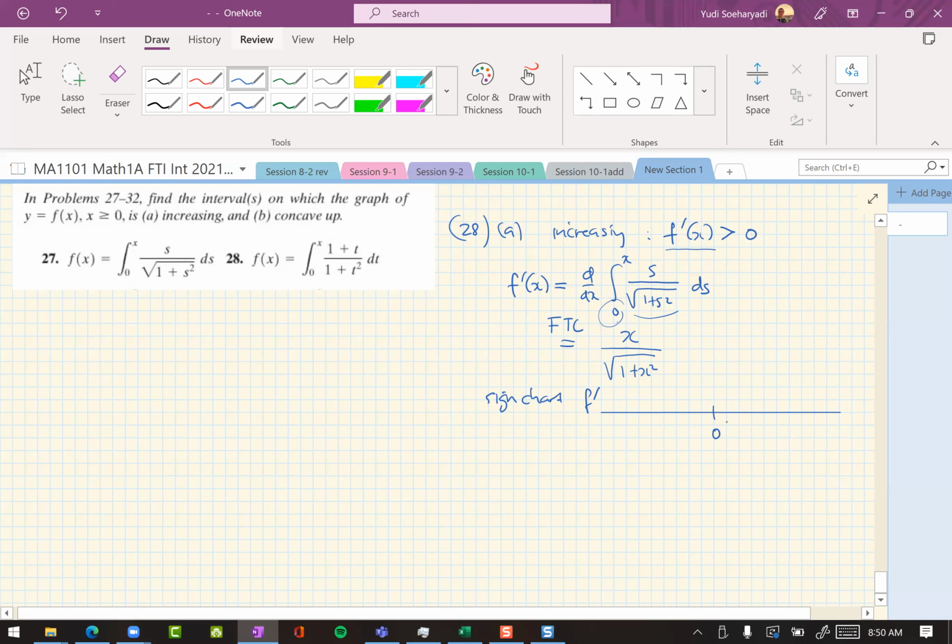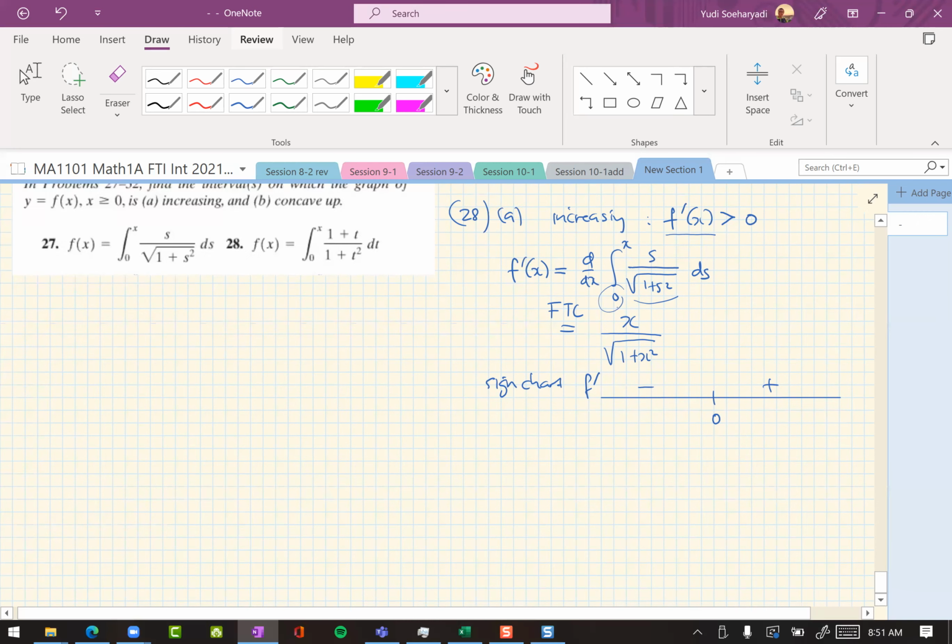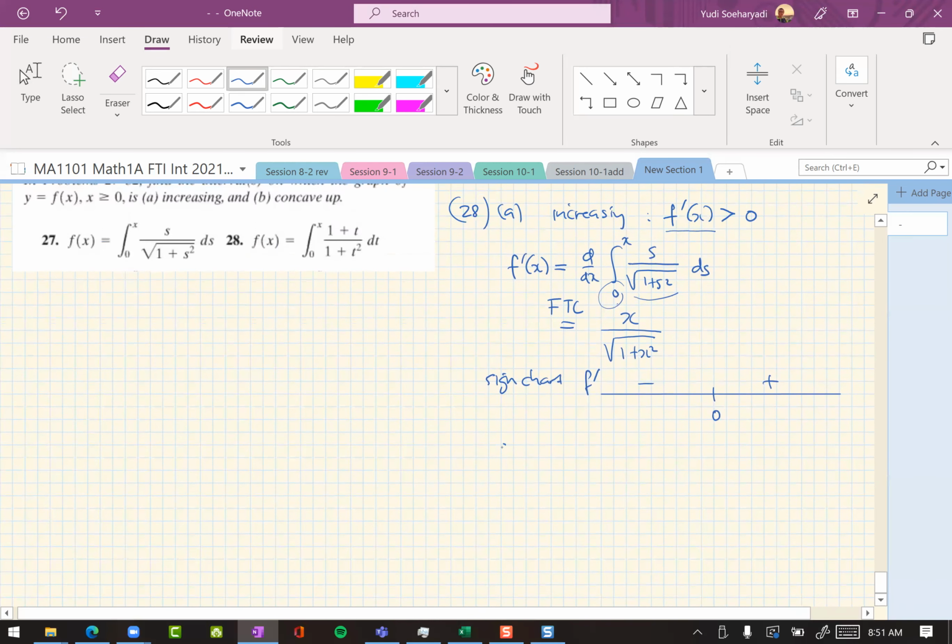So when x is positive, to the right of 0, this is also positive. Okay, and when x is negative, that is negative. Okay, so here's the increasing part. So F is increasing on 0 to infinity.